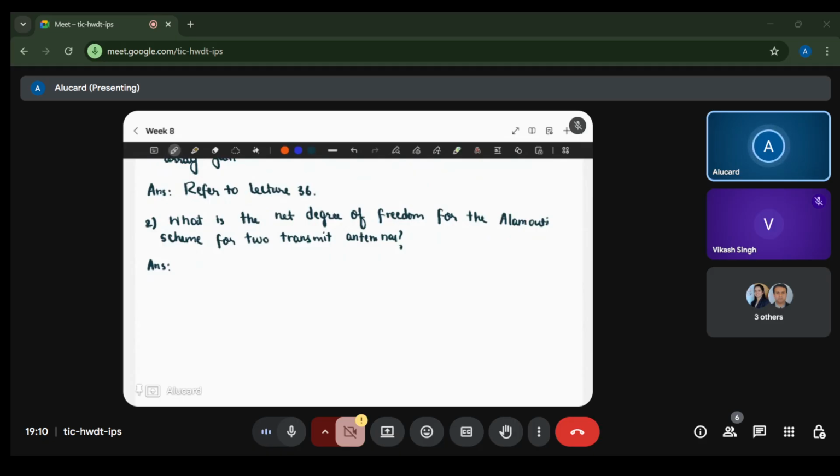We will show that equivalently you transmit two symbols over the two channel uses.